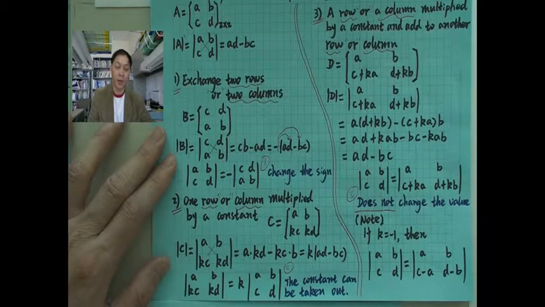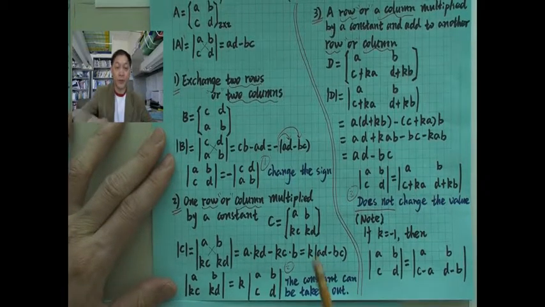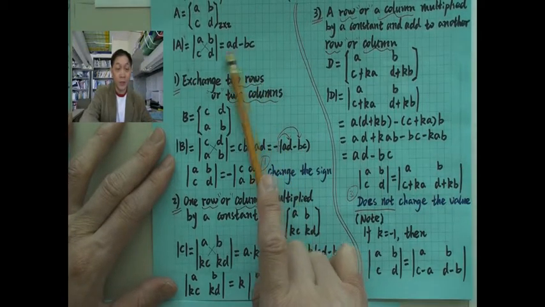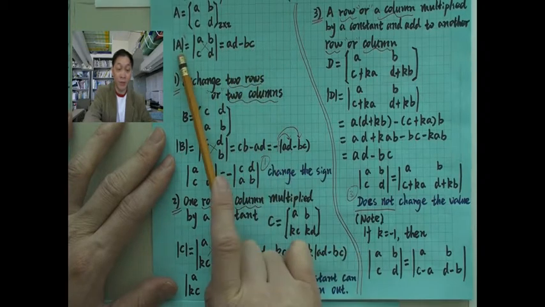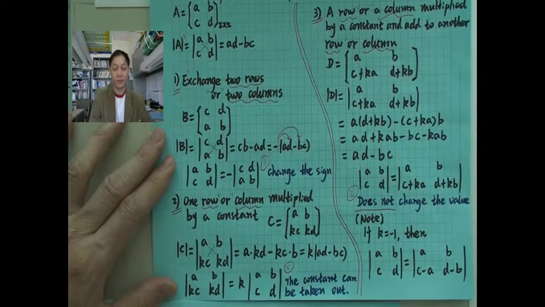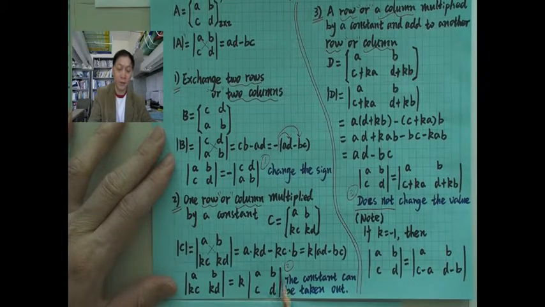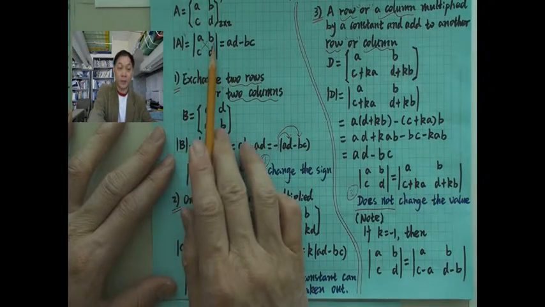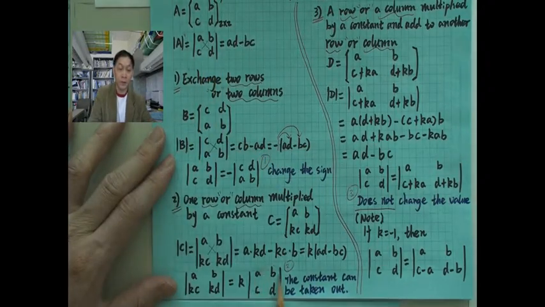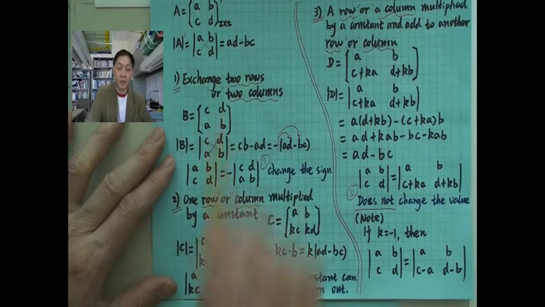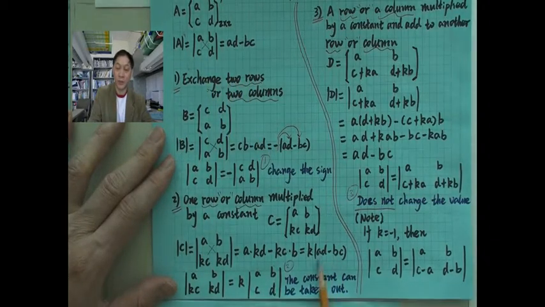So if you use K to multiply this AD minus BC, you will get the determinant of C.